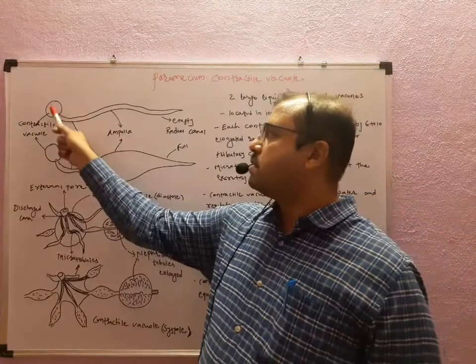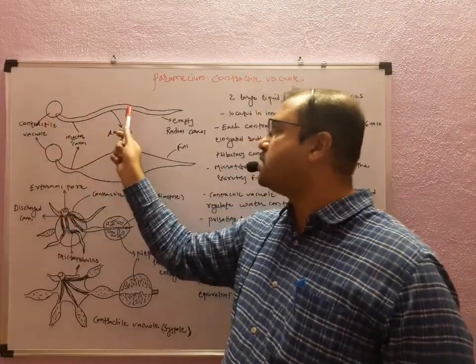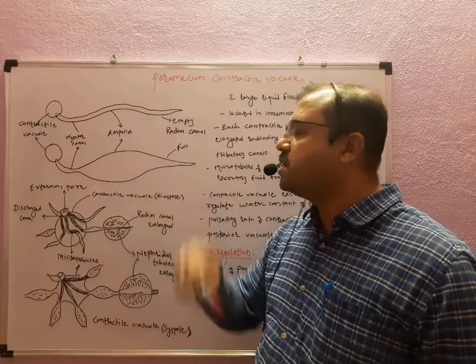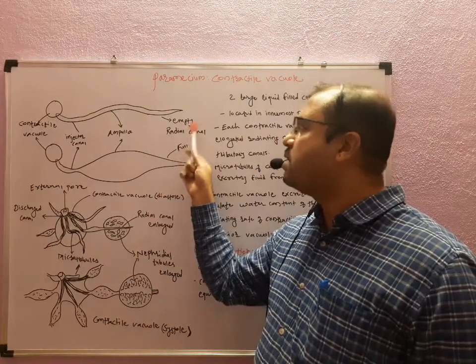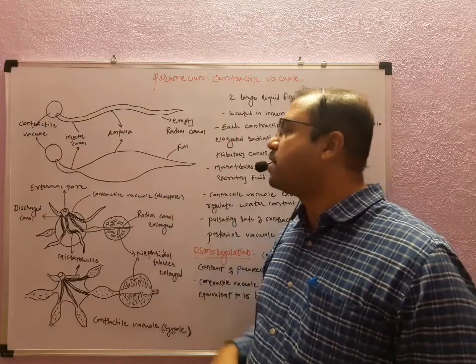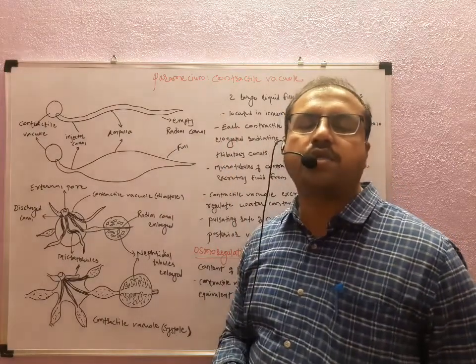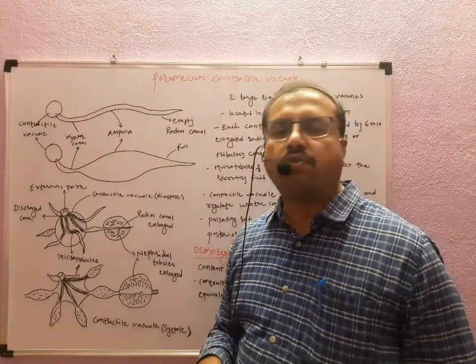So these are the contractile vacuoles. This is the empty contractile vacuole, and this one is the radiating canals. This anterior one is empty without water. This posterior figure shows the contractile vacuole which is filled with water.